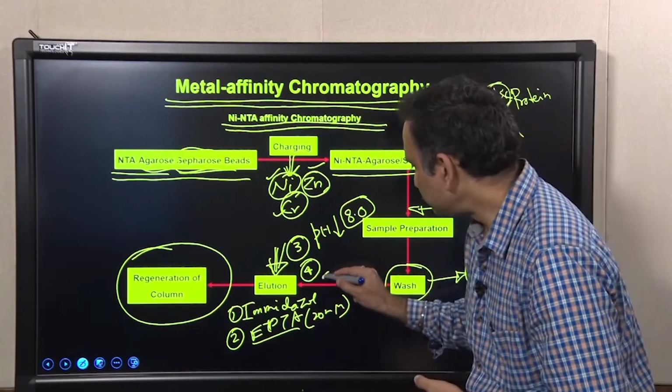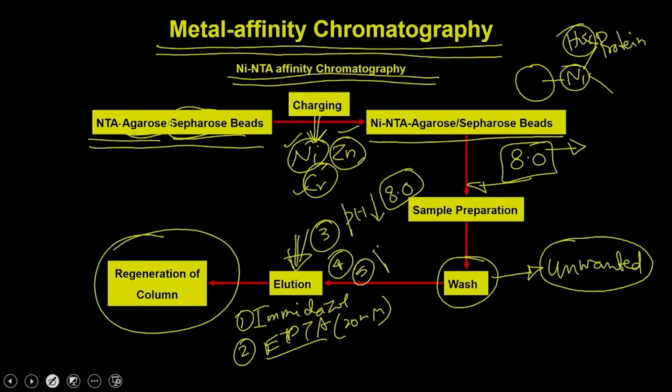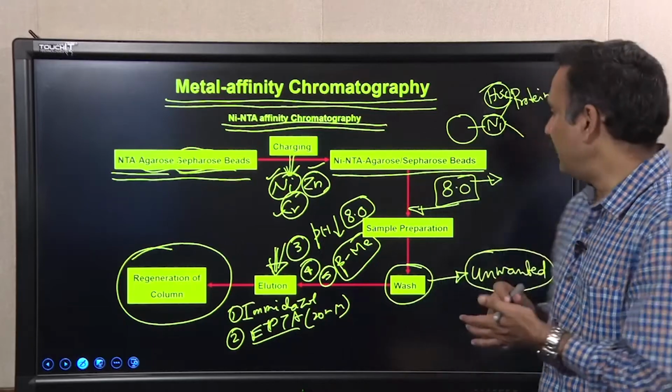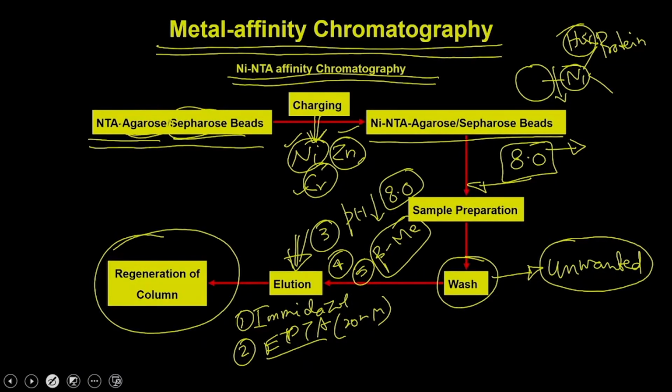Number 5, you can also use beta mercaptoethanol, or you can use DTT. If you use reducing agents, they are also going to interfere with the binding of the nickel to the matrix, and as a result it is also going to allow you to elute the protein from the column.